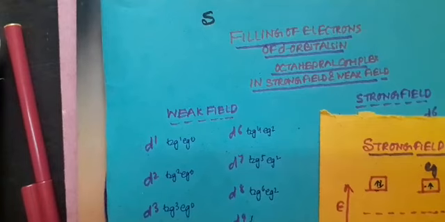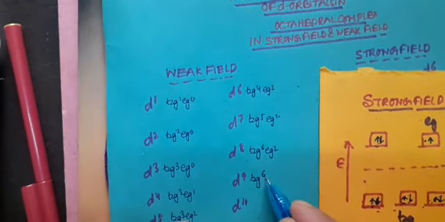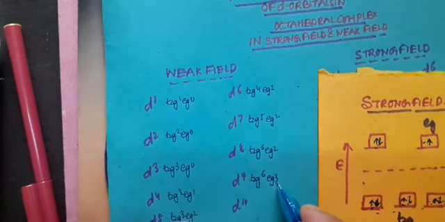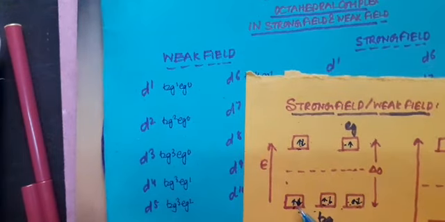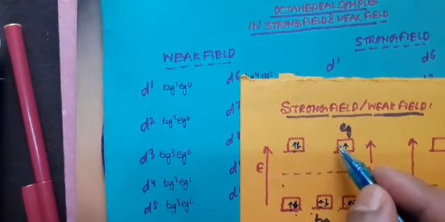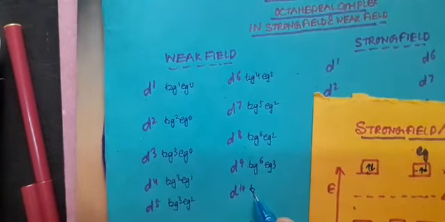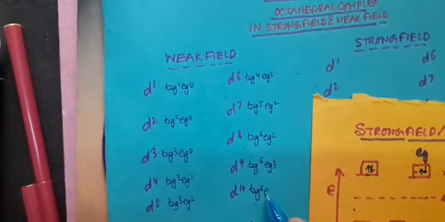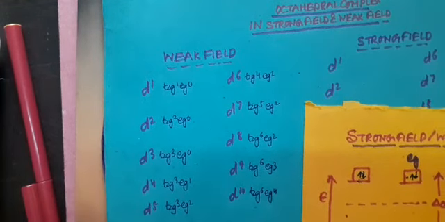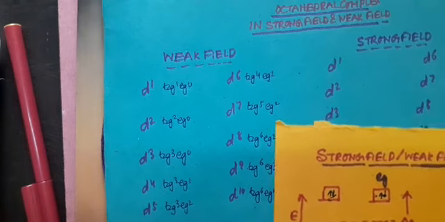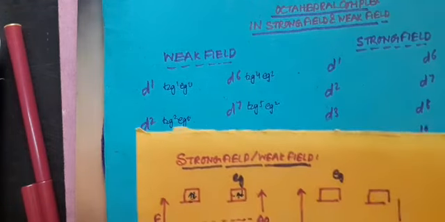So the configuration will be T2G6 EG3. For D10 configuration in weak field, 6, 7, 8 and then 10. The configuration will be T2G6 EG4. So we have written down all the electronic configurations from D1 to D10 under the influence of weak ligand.